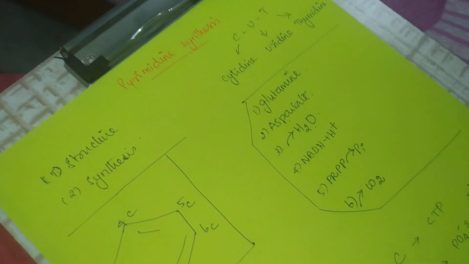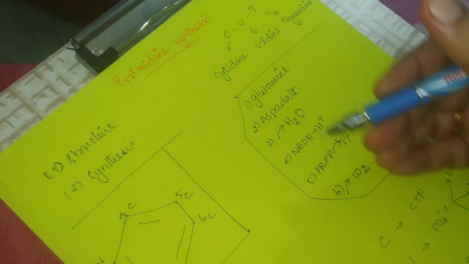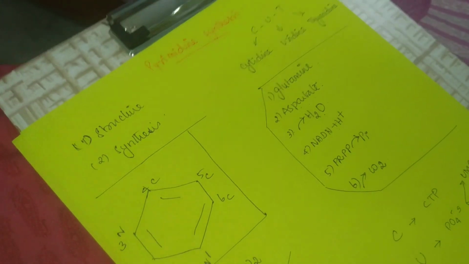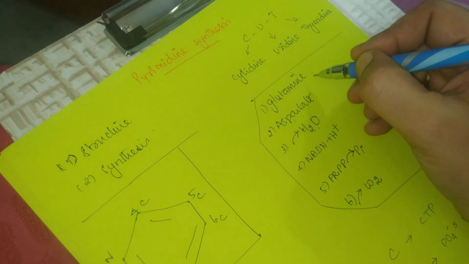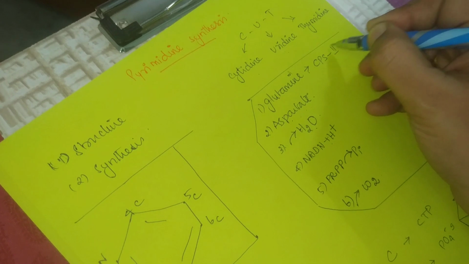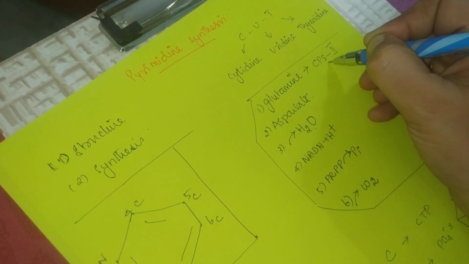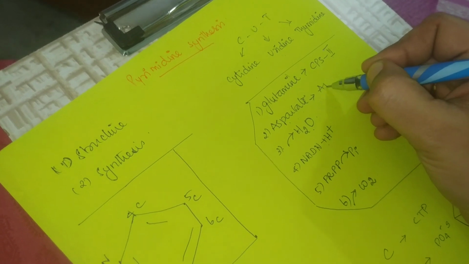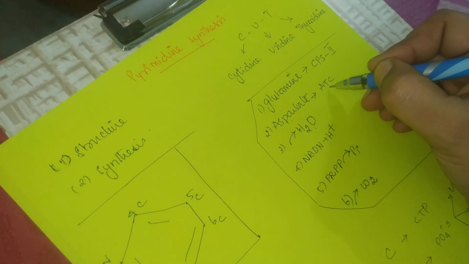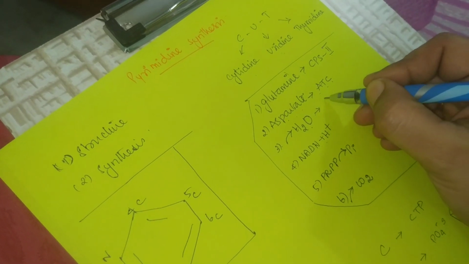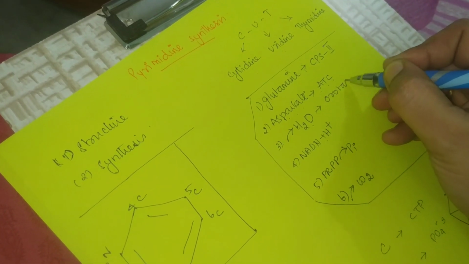Now we have seen the 6 steps. Next let's see the enzymes on the side. When you add glutamine, the enzyme we use is CPS2, which is carbamyl phosphate synthetase 2. When aspartate is added, it is ATC, which is aspartate transcarbamylase. When the water molecule comes out, the enzyme is orotase.